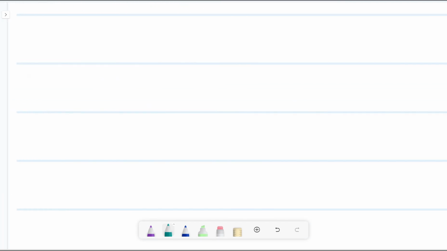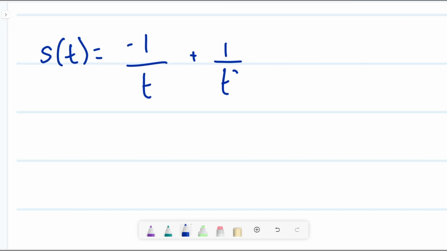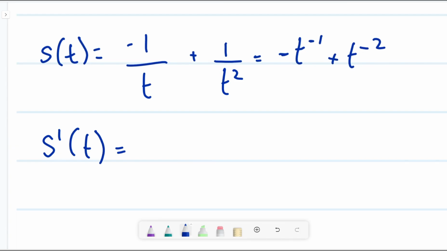Now let's move on. If we have s of t equals negative 1 over t plus 1 over t squared, what is the derivative of s of t? So I will start by rewriting s of t. Instead of writing 1 divided by t, I will write t to the power of negative 1. And instead of writing 1 divided by t squared, I will write t to the power of negative 2. So now I can use the power rule.